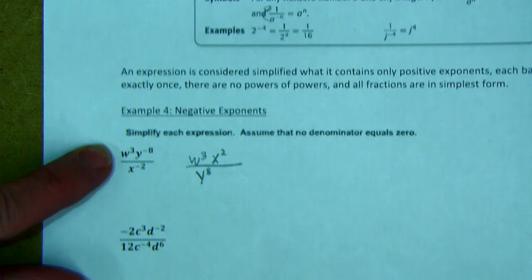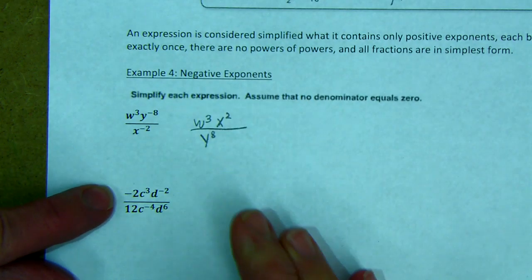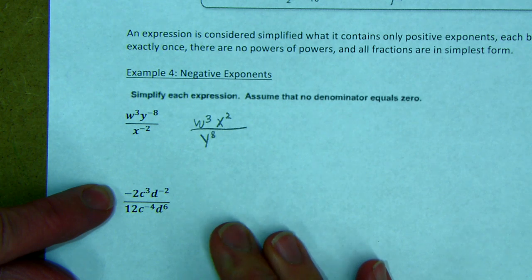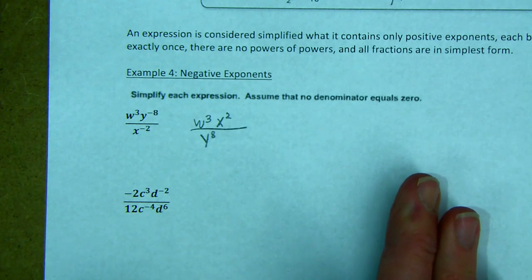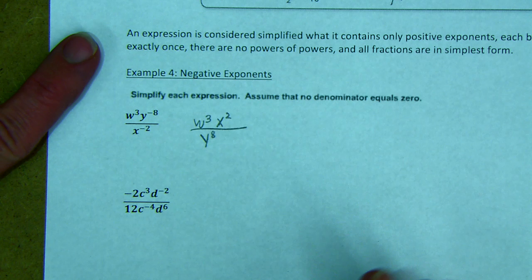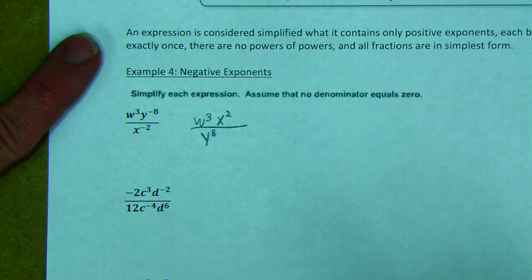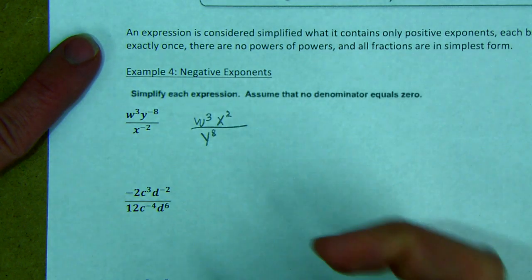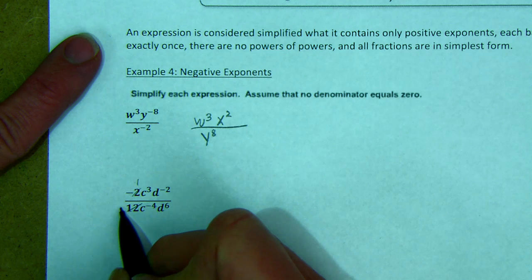All right, take a look at this one. Now, because we do have some variables that are the same on top and bottom, let's just reduce it first and use our division skills, the subtraction, and then at the end we will fix the negative exponents. So first of all, reduce the 2 and the 12. That would be a 1 and a 6.